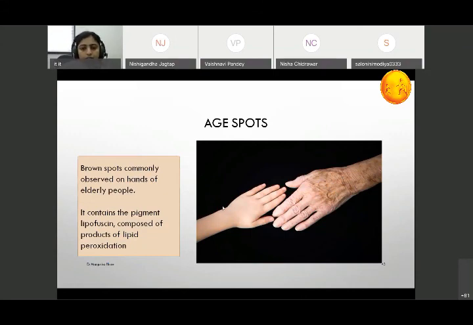This is one of the aging processes. Brown spots commonly observed on the hands of elderly people are known as age spots. They contain the pigment lipofuscin, which is composed of products of lipid peroxidation. So this is commonly occurring in aging. This is again an MCQ, lipofuscin.